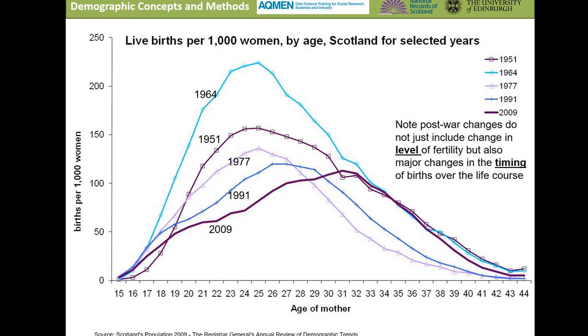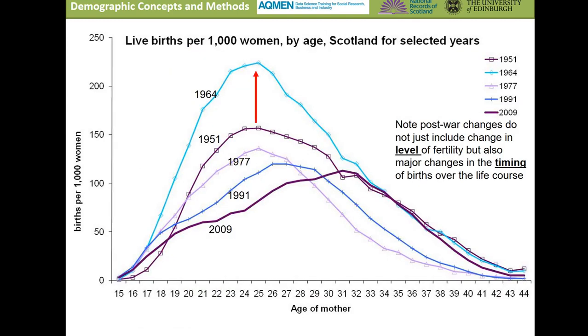So here's a graph showing the change in age-specific fertility rates over time from 1951 up to 2009. It's important to note that we see change in both the level of fertility as well as the shape of the fertility schedules.